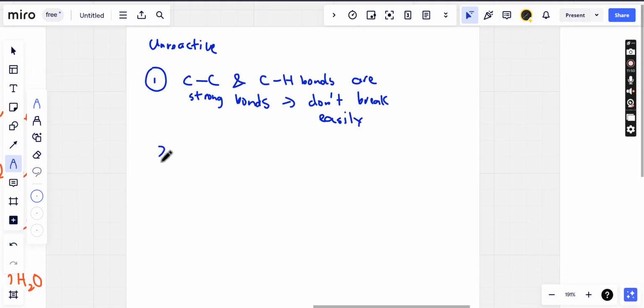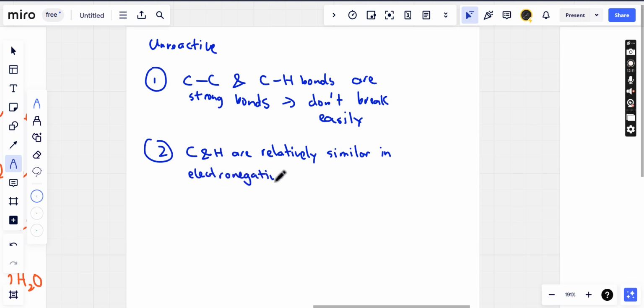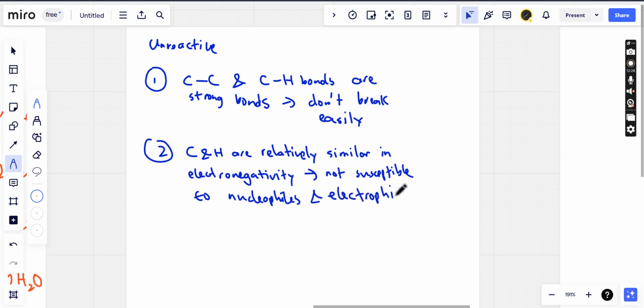And then the second point is that carbon and hydrogen are relatively similar in terms of electronegativity. So this makes them not susceptible to nucleophilic and electrophilic attack.